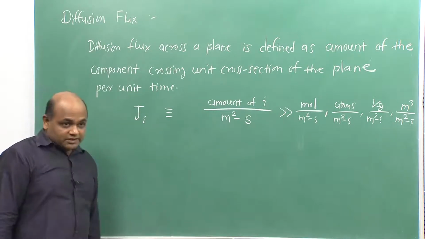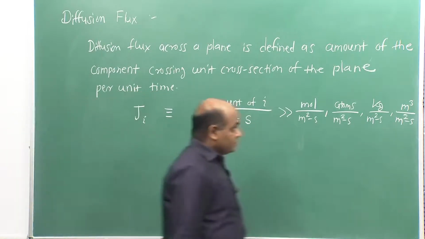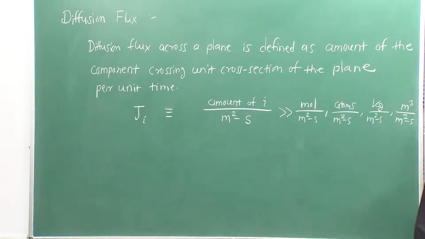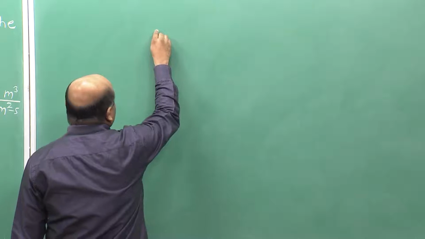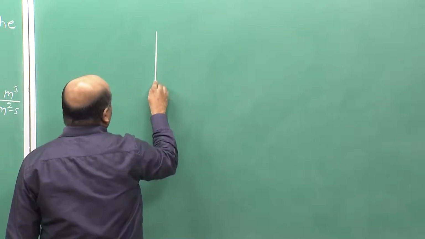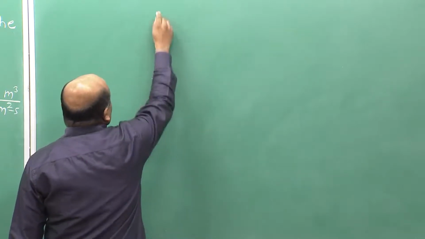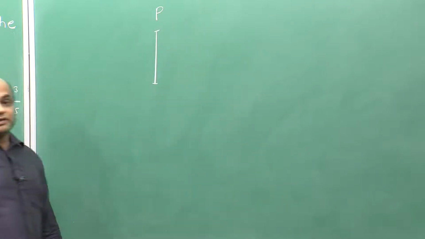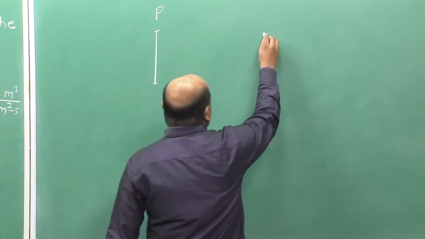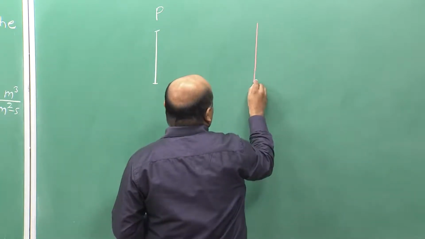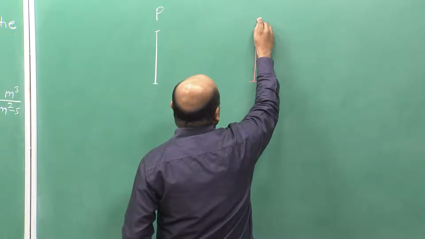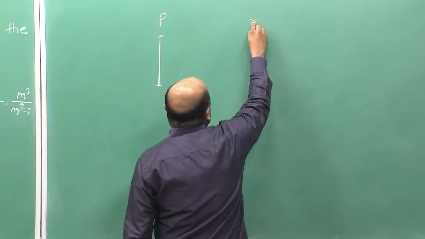So, let us try to understand physically the quantity flux. Let us consider a certain plane P at which we need to determine the flux, and our frame of reference is fixed at some physical plane in the laboratory fixed frame.